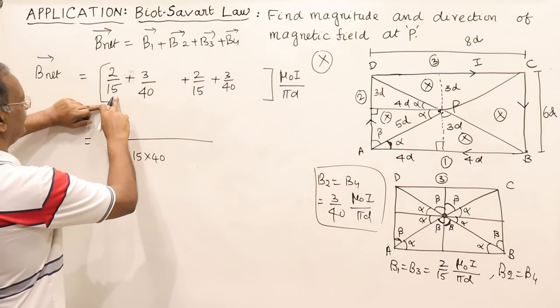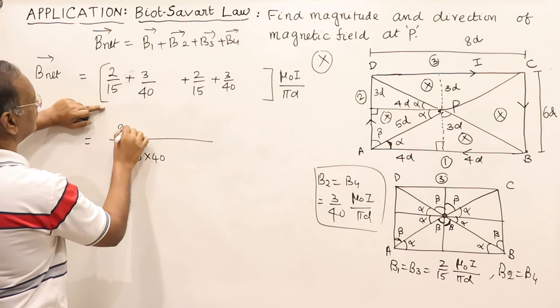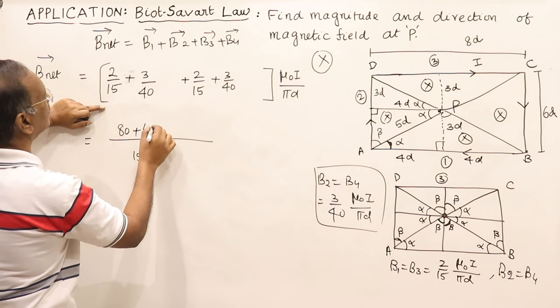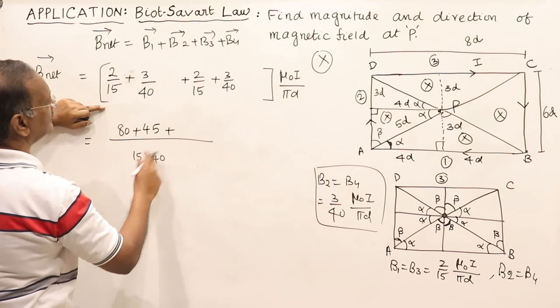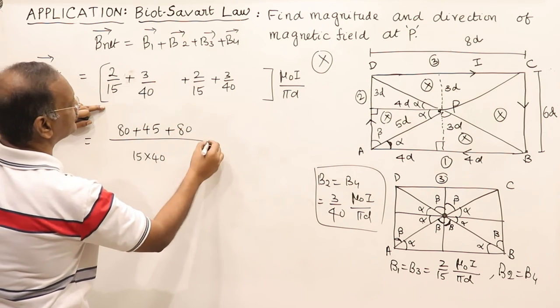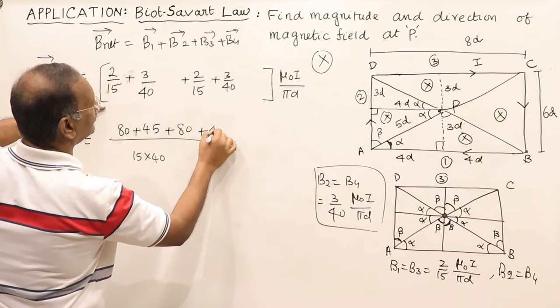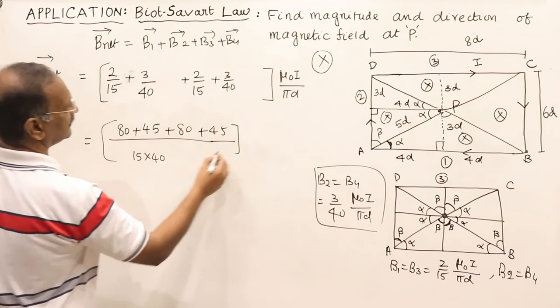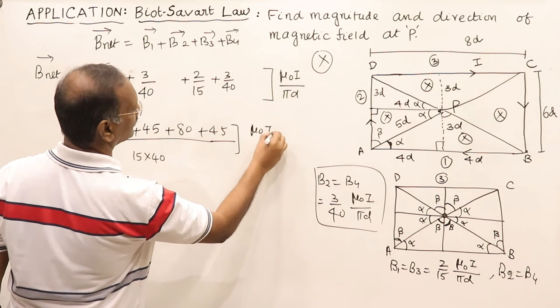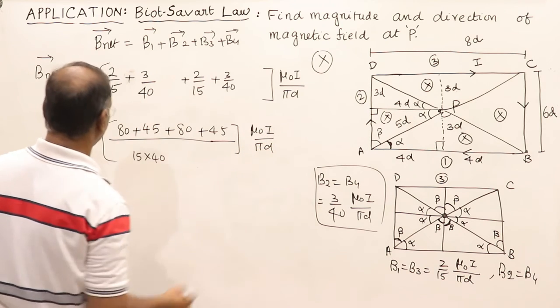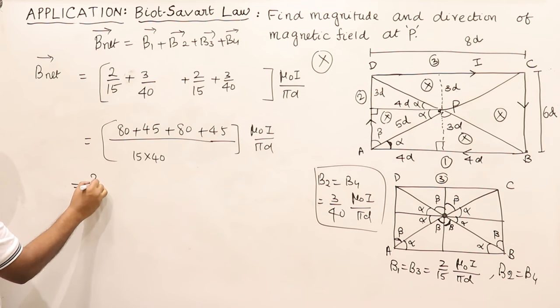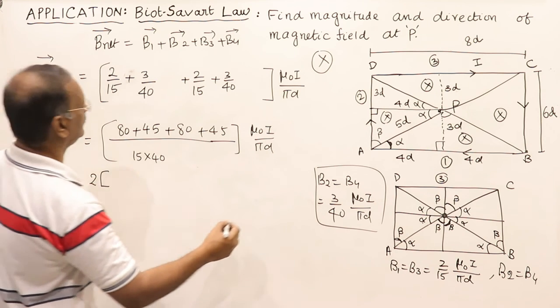It means this is 40 into 2, 80, and this is 15 into 3, 45. So 80 plus 45, into mu naught I by pi d. We can take 2 outside.